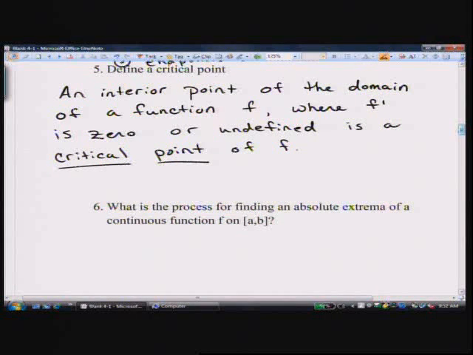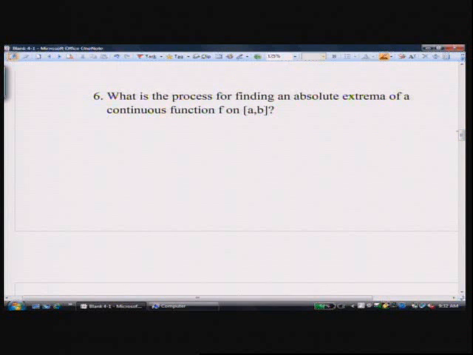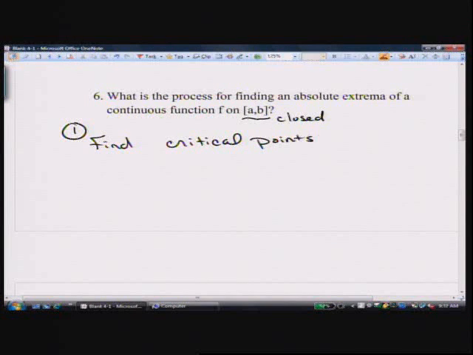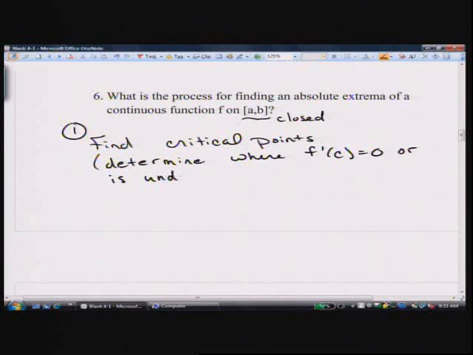Okay, so I'm just going to write down what I already sort of described. The first thing you'll do is find the critical points. Notice that the interval is closed. So you're going to find the critical points, which means to determine where f prime of c equals 0 or is undefined.